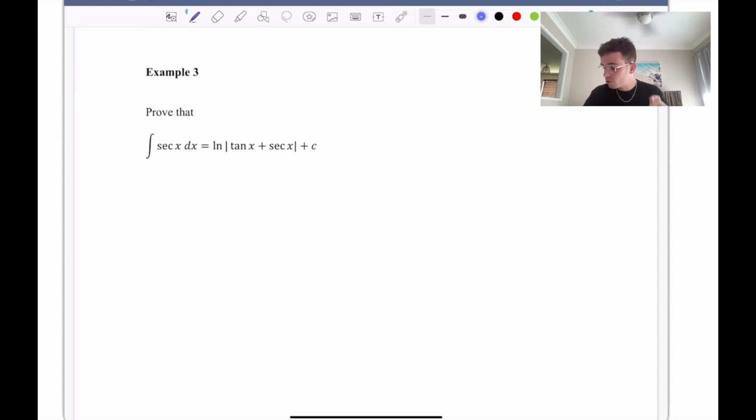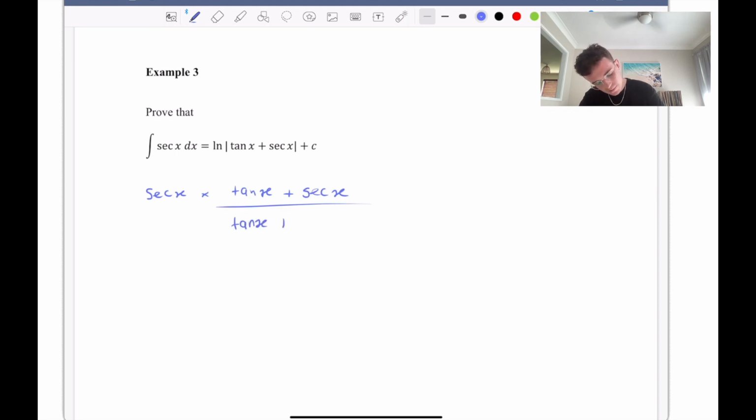So the process of doing this is we're going to multiply by tan x plus sec x on tan x plus sec x. So we're going to get sec x, and we're going to multiply it by tan x plus sec x on tan x plus sec x.